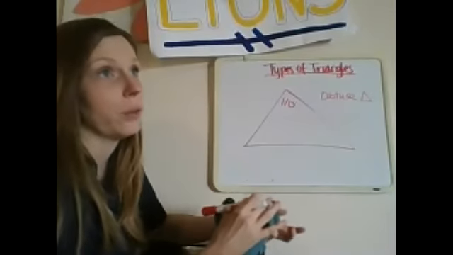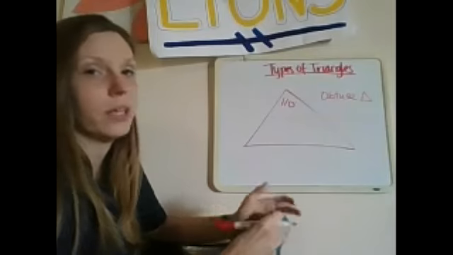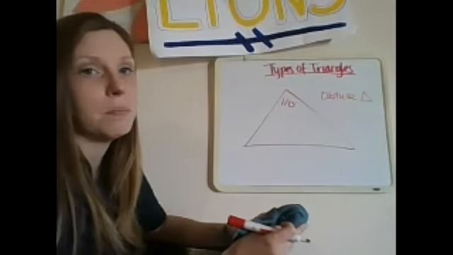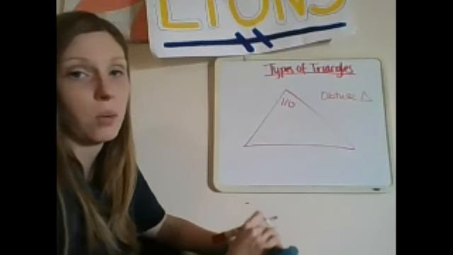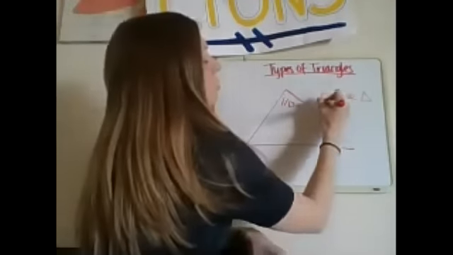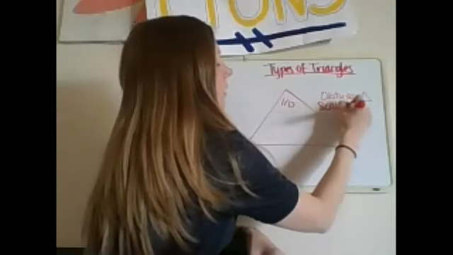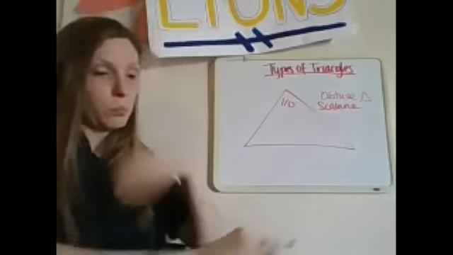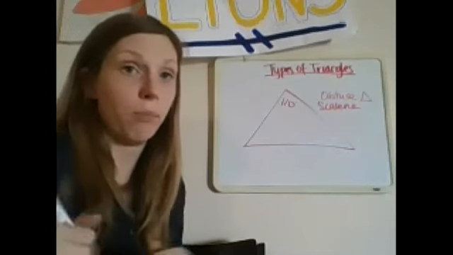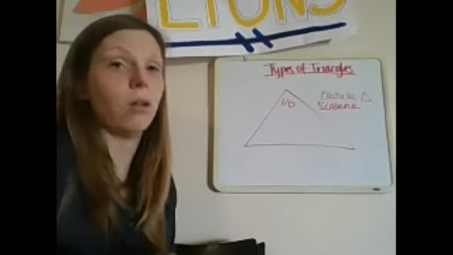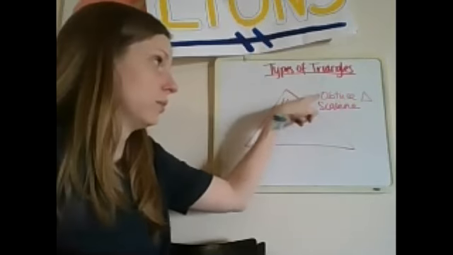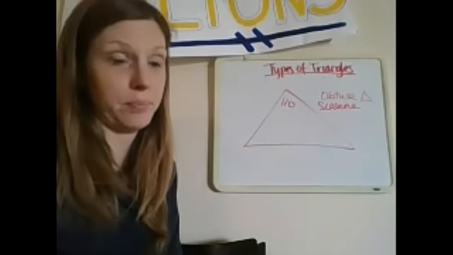Granted, we could take a ruler and be like, well, Andrea, they're whatever. You guys know I'm not an artist, mostly. I just draw these things pretty quick. I'm going to say that none of these sides are equal. So this would be an obtuse scalene triangle. So whenever I ask you to classify a triangle both by side and by angle, you will have two answers, such as this one. This is an obtuse scalene, okay?